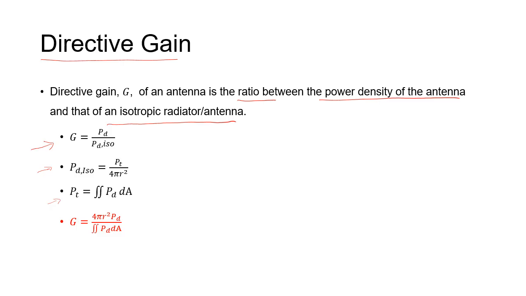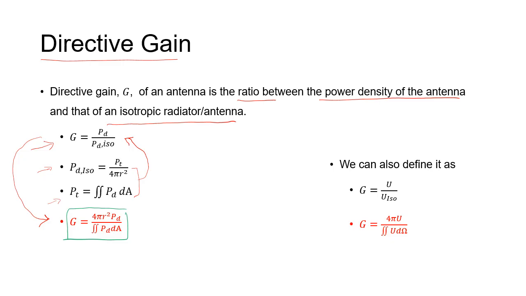Taking these two equations and substituting into the gain equation, we can reach a very famous formula in gain calculation, which is equal to 4 pi r squared multiplied by the power density of the antenna divided by the double integral of the power density of the same antenna. And actually we can do the same thing with the power intensity.